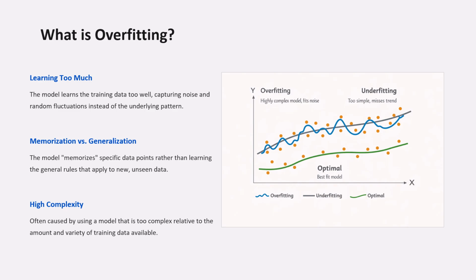When this happens, the model starts capturing the noise and the random quirks in the data, not just the general patterns. This happens because the model is too complex for the amount of data you have.